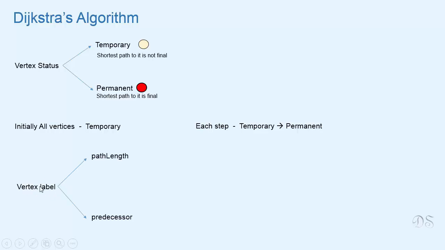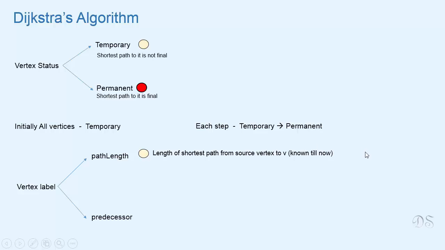Each vertex will be labeled with path length and predecessor. At any point of the algorithm, the path length of a temporary vertex denotes the length of the shortest path from the source vertex to vertex v known till now, meaning known till that point of the algorithm.